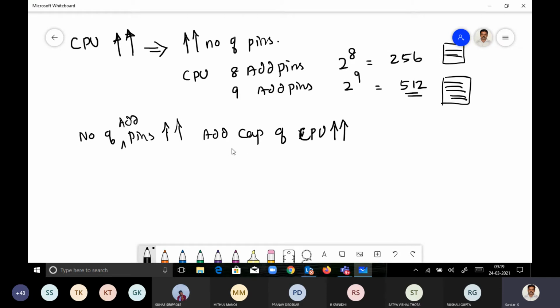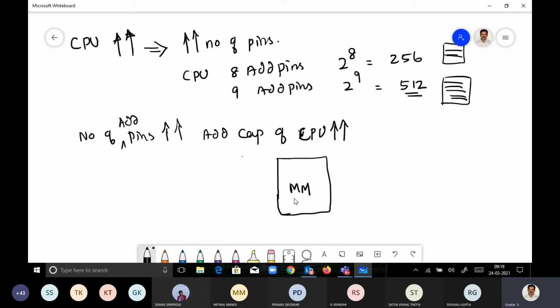Now what we are going to do, I am talking from the designer's point of view. The designer is going to use the increased address space and manage it with the smaller main memory, whatever it is in the system.